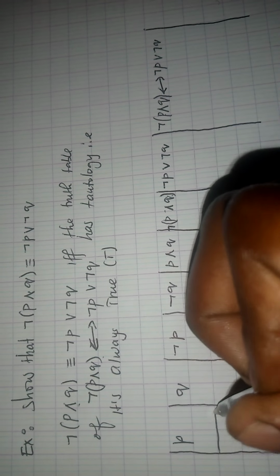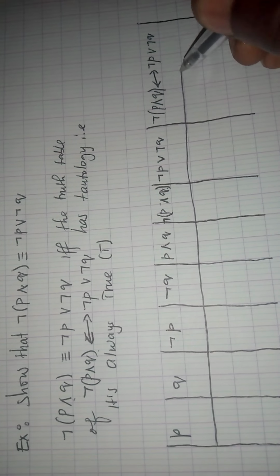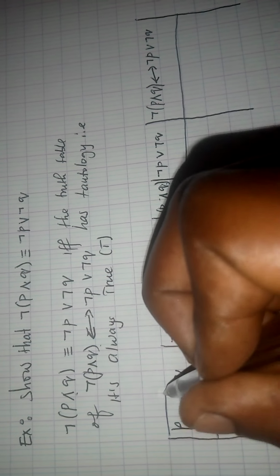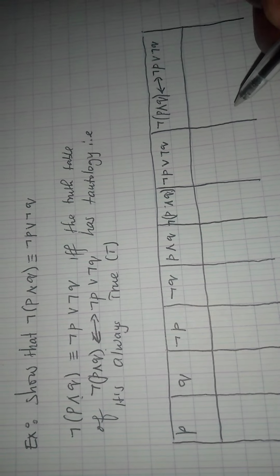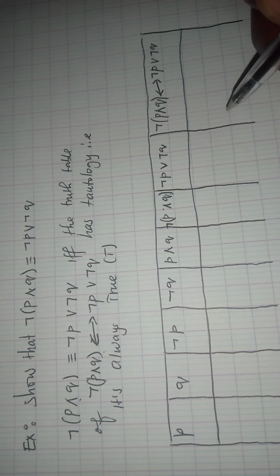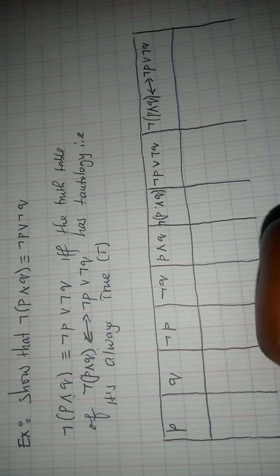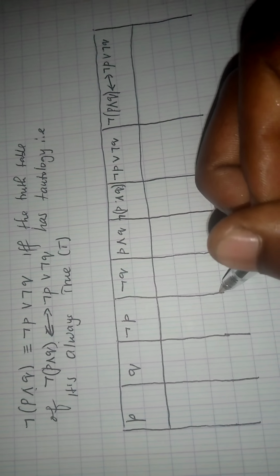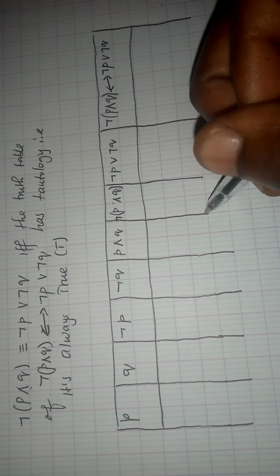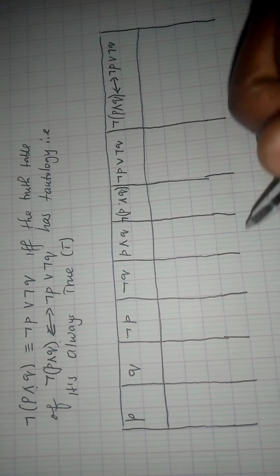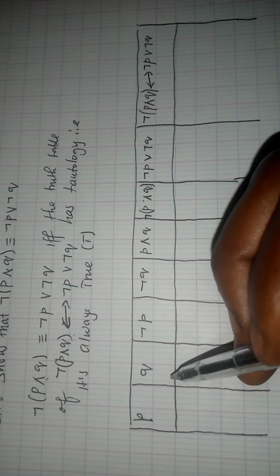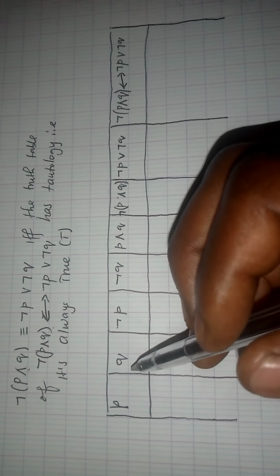Now the truth table. We have propositions P and Q, so you understand that we have two propositions.